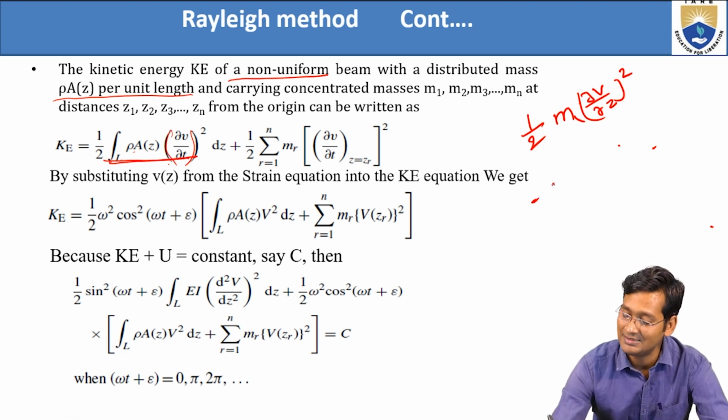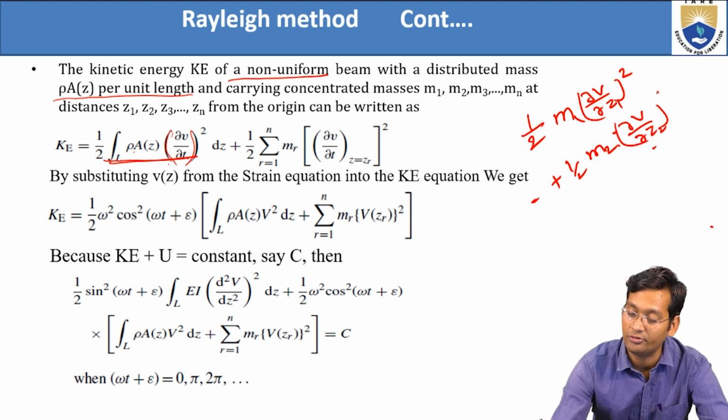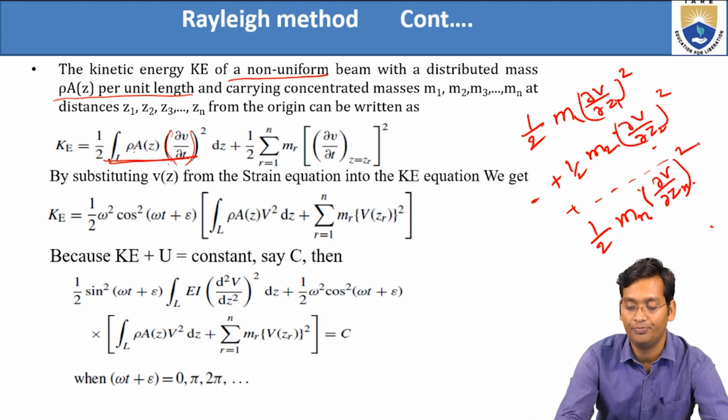Next plus half m2 into del v by del t square at z2, and so on, half mn into del v by del t square at zn.